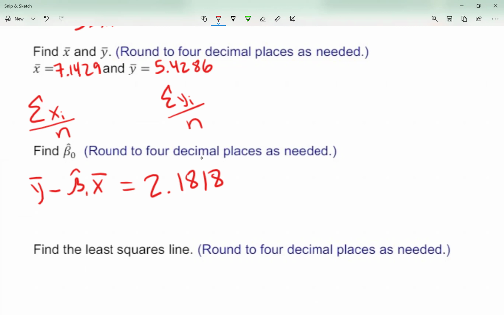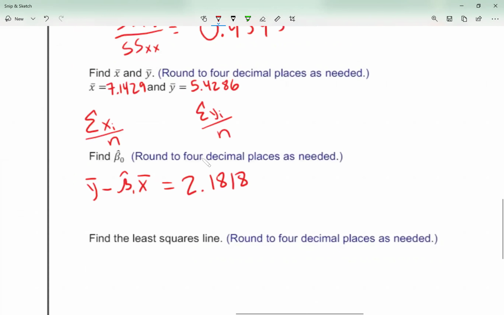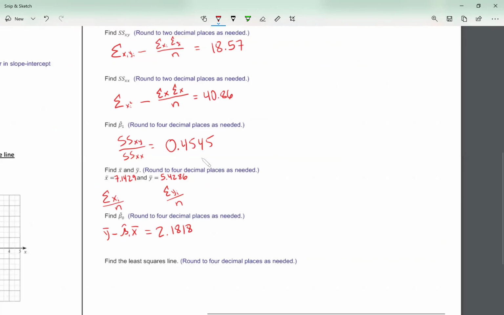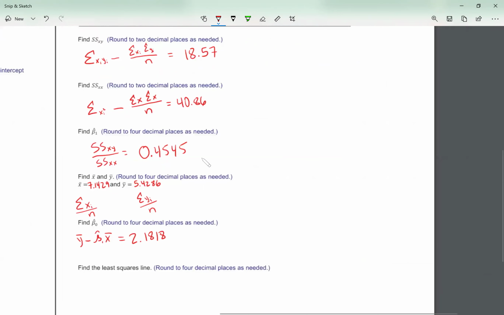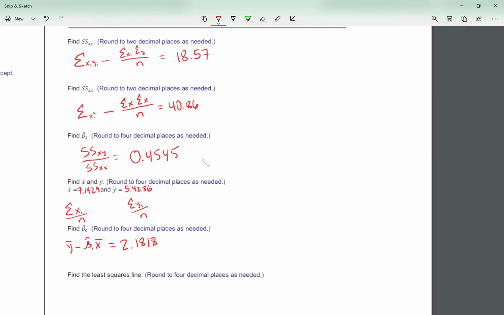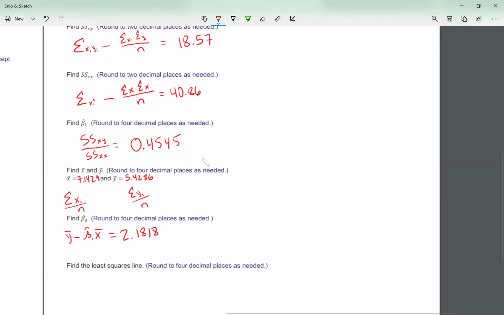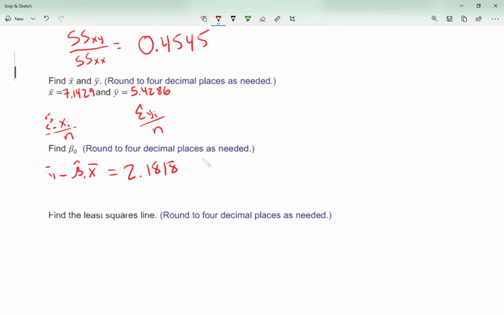Now, be careful. If you use your calculator, make sure not to round. I have Excel so far. I haven't finished my question, by the way, but so far I had Excel do all this because I don't want to be rounding, not until the end. Excel doesn't round until the end, so that's why I've been using that. Now, for my least squares line, I need to know my values of beta 0 and beta 1.